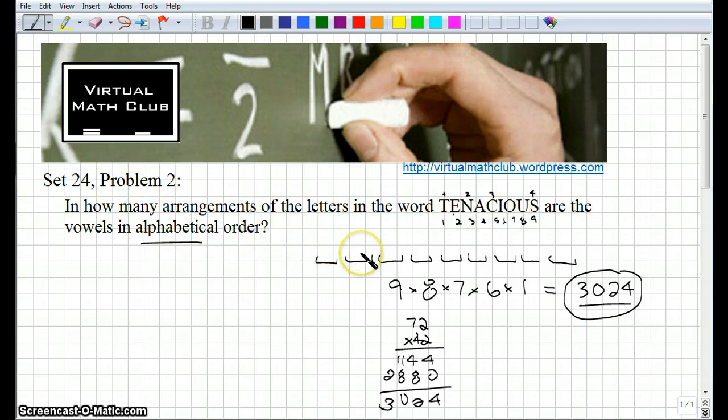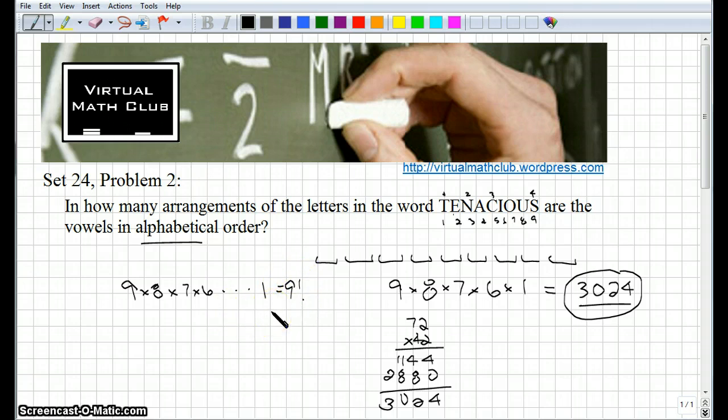Okay? There's other ways to think about this too. I mean, if there weren't any restrictions, we could place these letters. We'd have 9 places to put the first letter, 8, 7, 6, all right, all the way down to 1. So we have 9 factorial ways to place all of the letters.